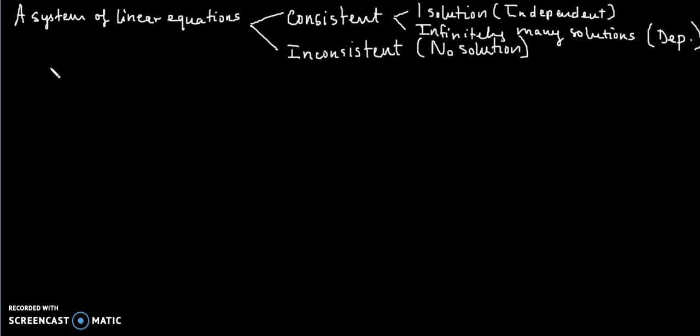Okay, so how are we going to do this? For example, let's say I have the system of linear equations y equals x plus 3 and y equals x minus 1. Recall from previous lessons the graphical representations of the system in terms of lines.